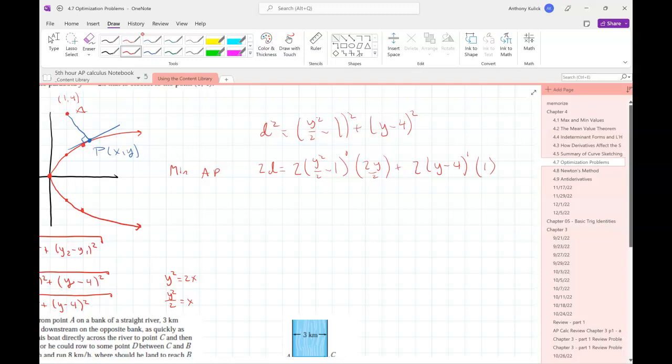Okay. So solve equal to 0. Let's see, when I distribute that through, I get y cubed minus 2y plus 2y minus 8, or just y cubed minus 8. So y equals 2.